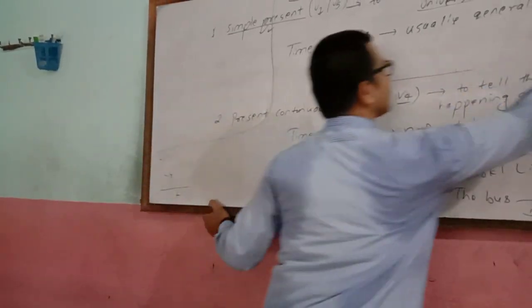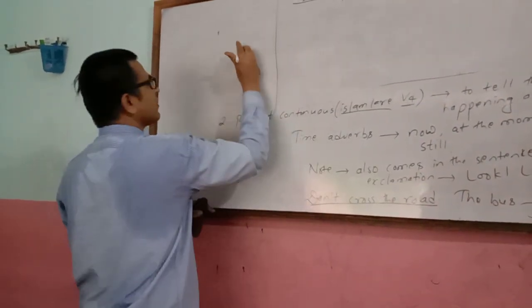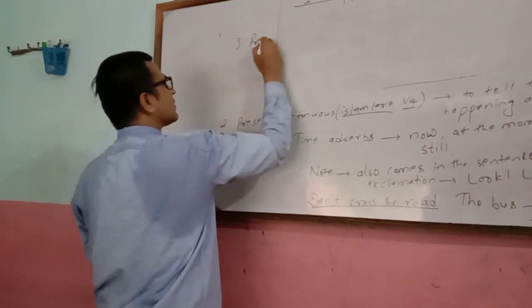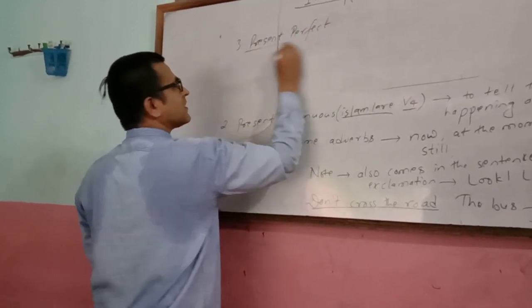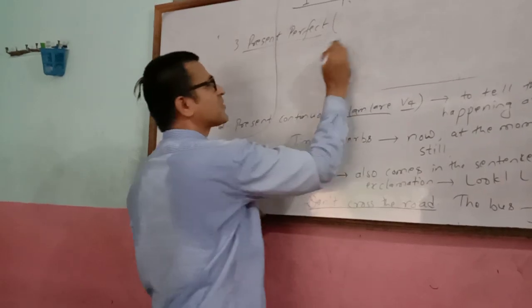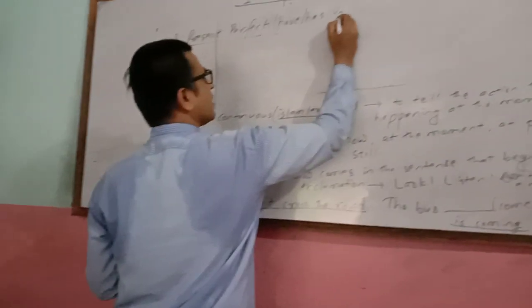So the third capsule is called present perfect. Present perfect. Structure, do you understand? What is this structure? Have, has, V3.